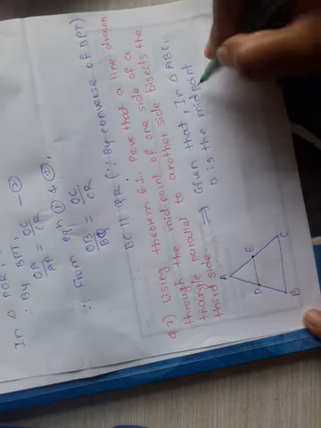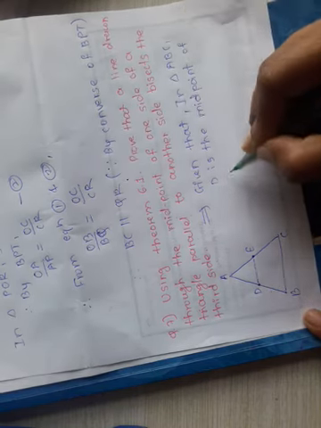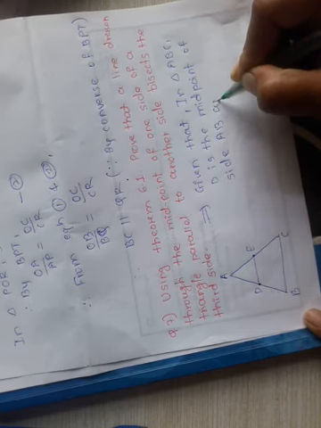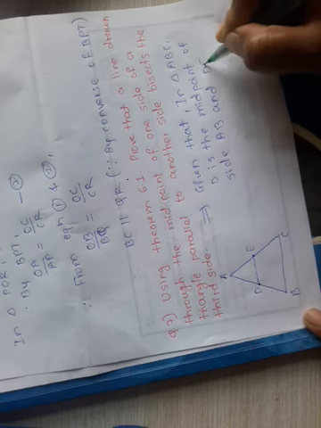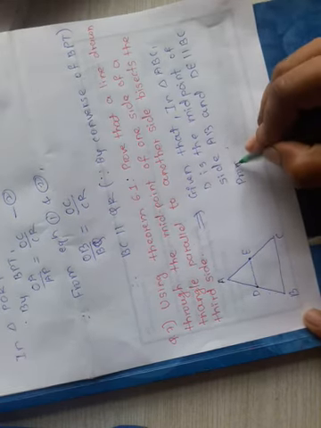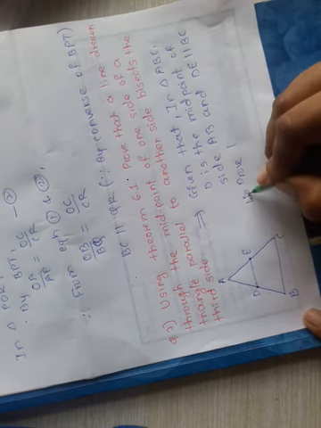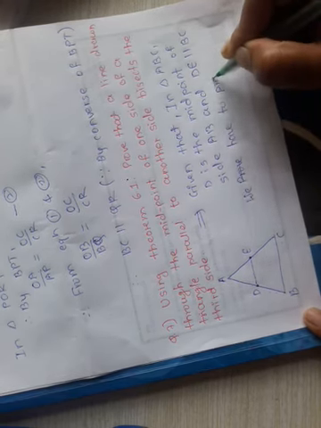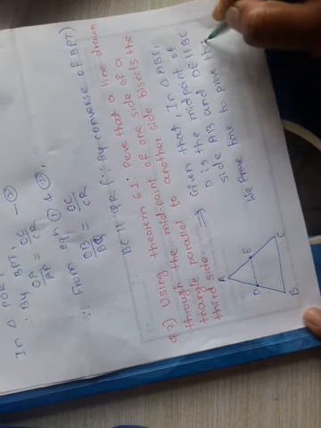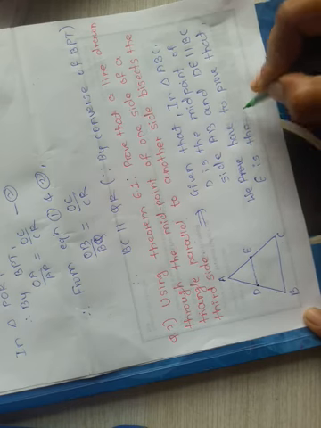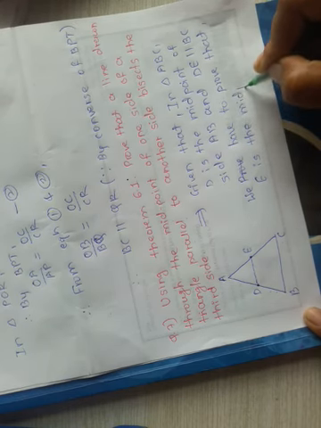In triangle ABC, D is the midpoint of side AB and DE is parallel to BC. All these things are given to us. So what we have to prove then? We have to prove that E is the midpoint of AC.